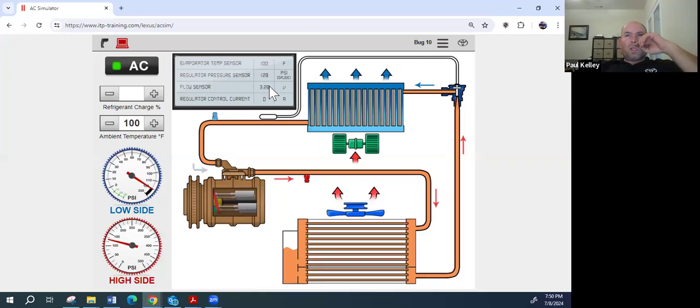3.28 volts is the highest reading we've seen. The way this sensor works, the more flow there is, the higher the voltage will be. So if there's a lot of flow, what's it going to do to this variable displacement compressor? There's already plenty of flow. What's it going to do?